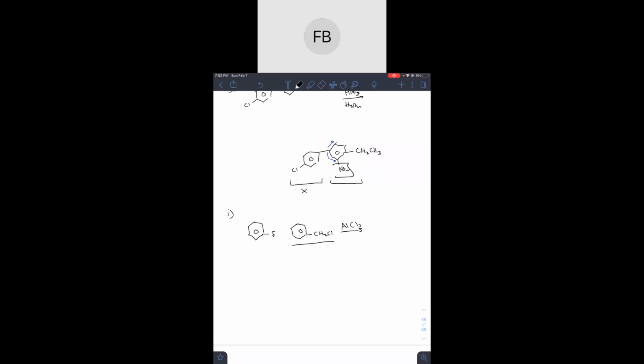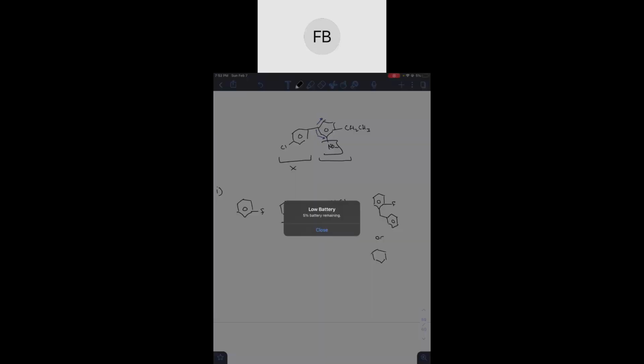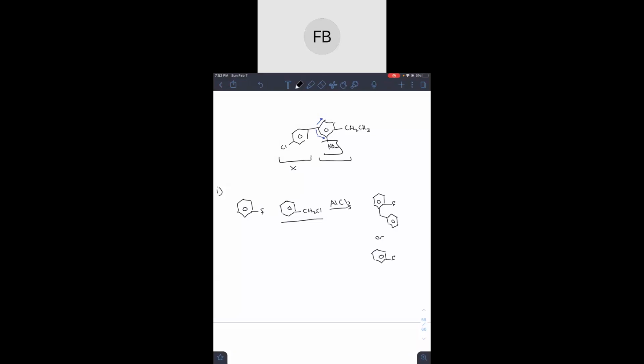So basically we're just going to take this benzene with its fluorine on it, and to the ortho position I'm going to attach something like this, basically. Or I'm also going to do it to the para position. So that would be all the way across here. Okay, that's it.